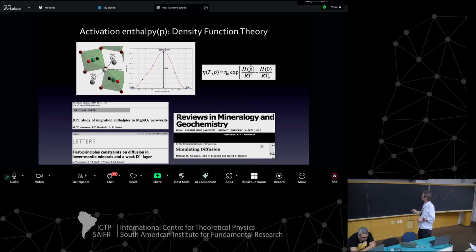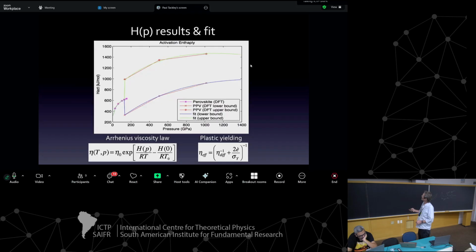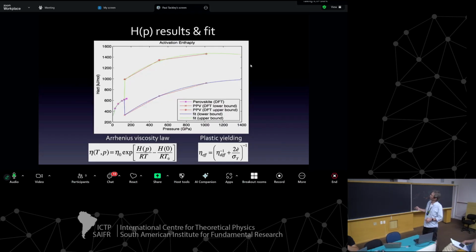Ammann, Brodholt, and Dobson actually calculated, using density functional theory, the activation enthalpy as a function of pressure for both MgO and perovskite, up to 1.4 terapascals. And this is their result.